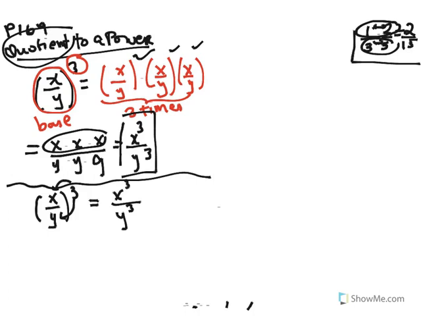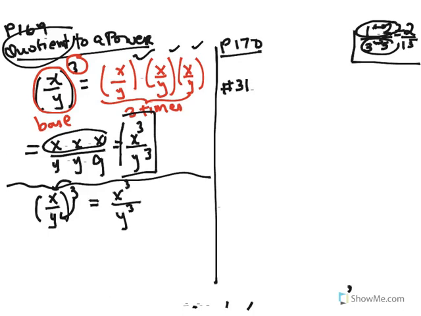I think we should be ready to do the problems in page 170. Okay? So now we're going to go to page 170. Again, I'm going to do the odd problems, and you are going to do the even problems. You're going to check your answer in the back of the book. Okay, let me start with problem number 31.